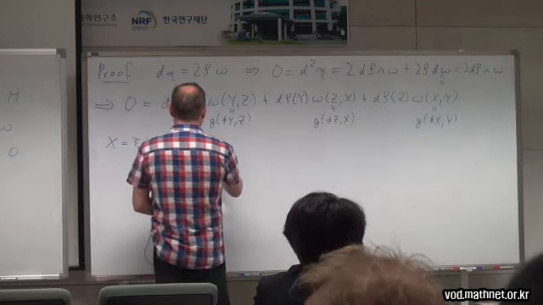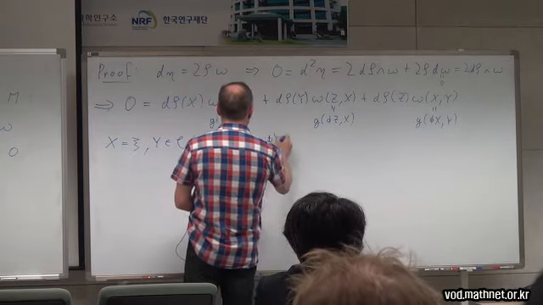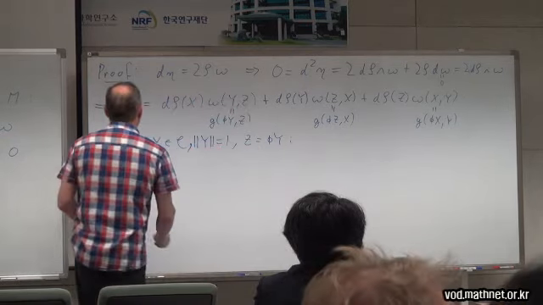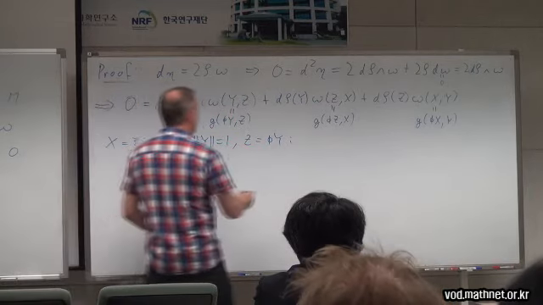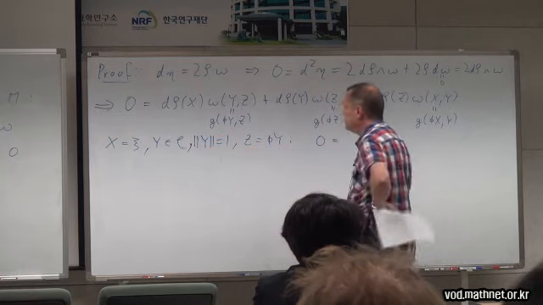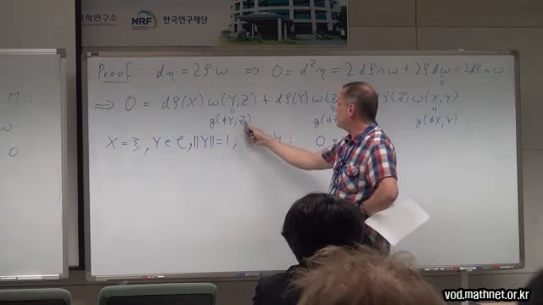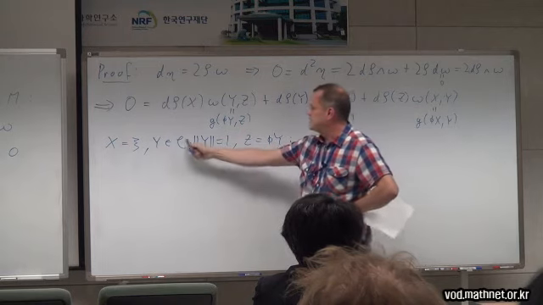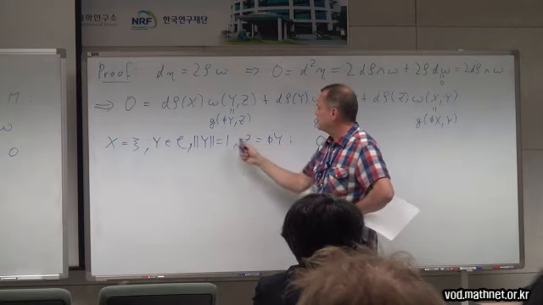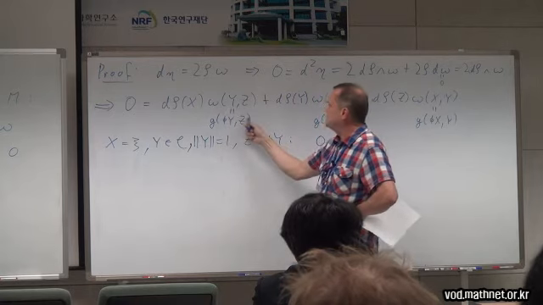Assume that the length of y is equal to 1 and put z equal to phi y, and let's check what we get. So we get 0 is equal to, here we get phi y, and z is phi y, because that's in the complex bundle. So z, phi y has length equal to 1. We can cancel out the phi. So this is equal to 1.